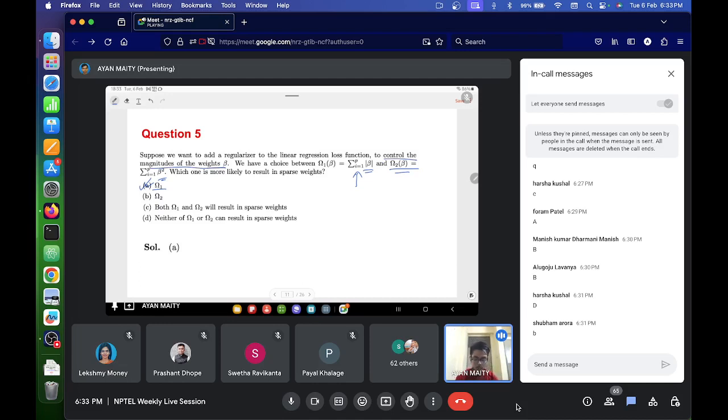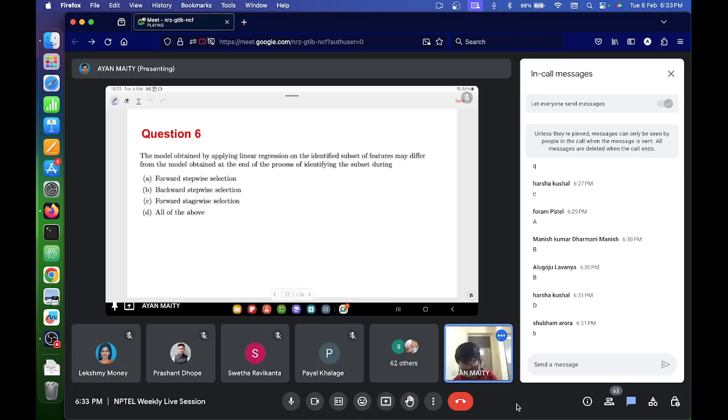So omega 2 would also reduce the magnitudes of the weights beta towards 0, but omega 1 will drive most of them to 0, which reduces the number of parameters in our model, and that would be better in case of a really large data set and a large number of parameters. So that's why the correct answer here is omega 1 beta, which is called lasso regression.